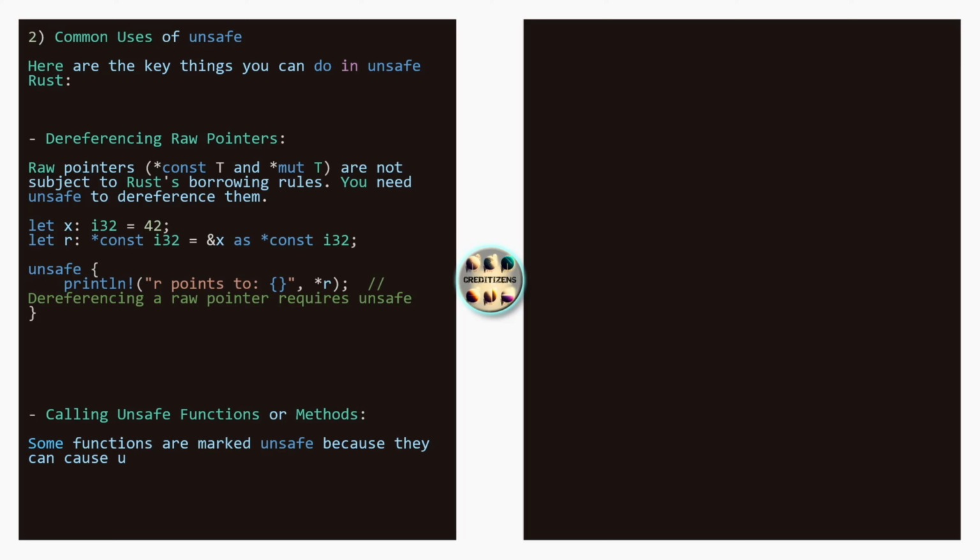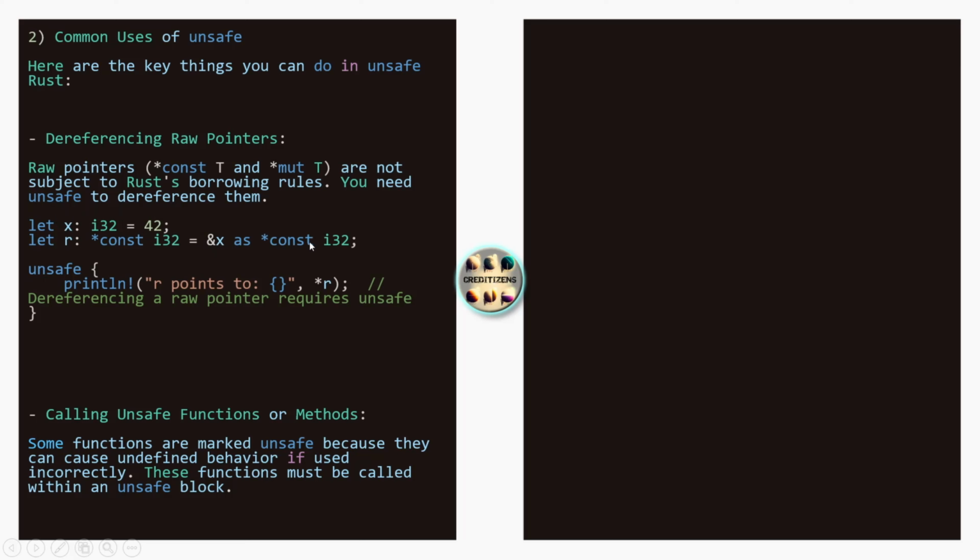So here in the example we have an i32. We use 42 as a number. We declare another variable r, which is going to be using this notation with the star const i32. This is the type. And we're using here the reference of this variable as const.